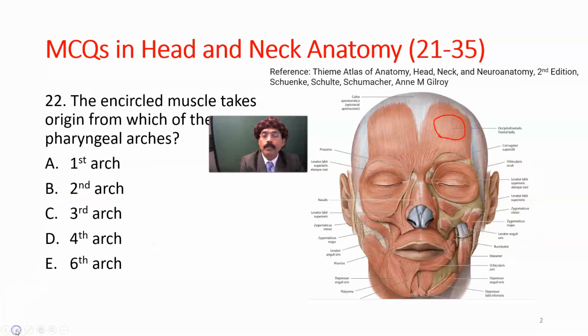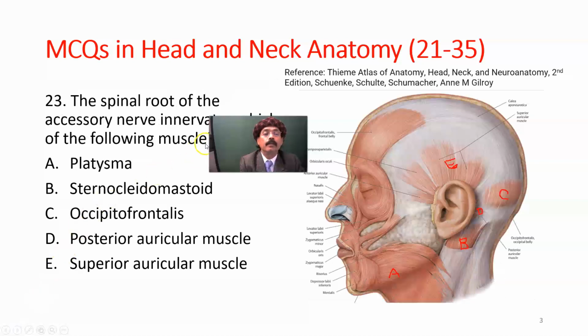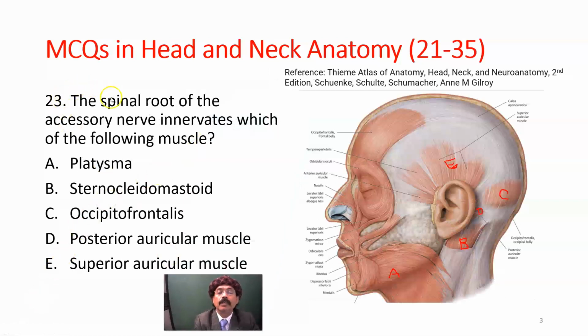Now our second question. The spinal root of the accessory nerve innervates which of the following muscles? A. Platysma. B. Sternocleidomastoid muscle. C. Occipitofrontalis muscle.